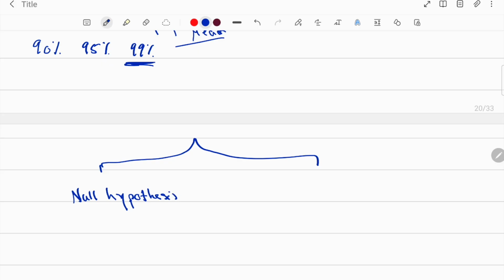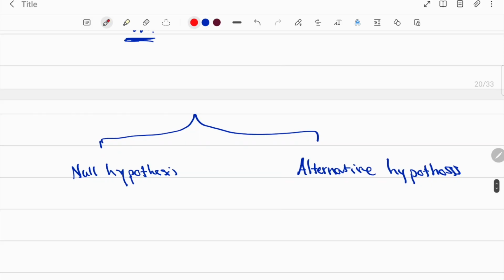The second one, we're going to call the alternative hypothesis. Most books call the null hypothesis H naught, and the alternative hypothesis is HA or H1. Okay.